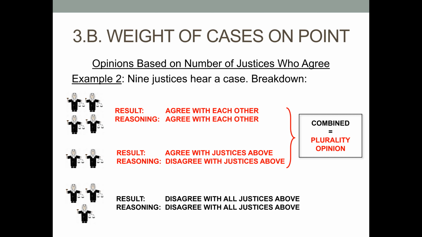And so a plurality opinion is a bit weaker than a majority opinion, because in a majority opinion, you have a majority of the justices agreeing on both the result and the reasoning. Here, with a plurality opinion, though, you have a majority agreeing on the result. It's a bit shakier, legally speaking, because you don't have a majority agreeing on the legal reasoning.